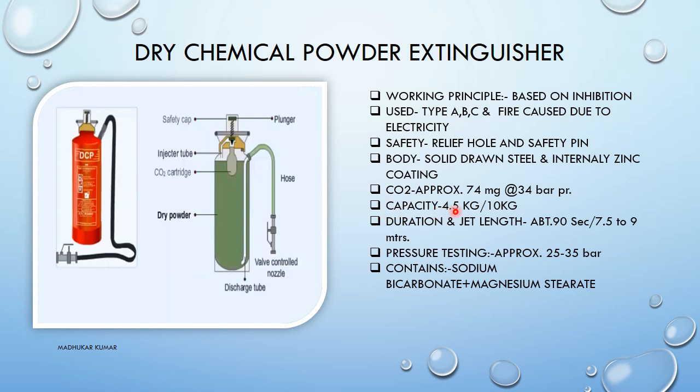And here 4.5 kg and 10 kg capacities are there. Duration about 90 seconds and jet length 7.5 to 9 meters. Pressure testing approximately 25 to 30 bar, and the container contains sodium bicarbonate and magnesium stearate. So what is the use of magnesium stearate? Magnesium stearate is basically used as an anti-caking agent. Okay, so this is the use of it.